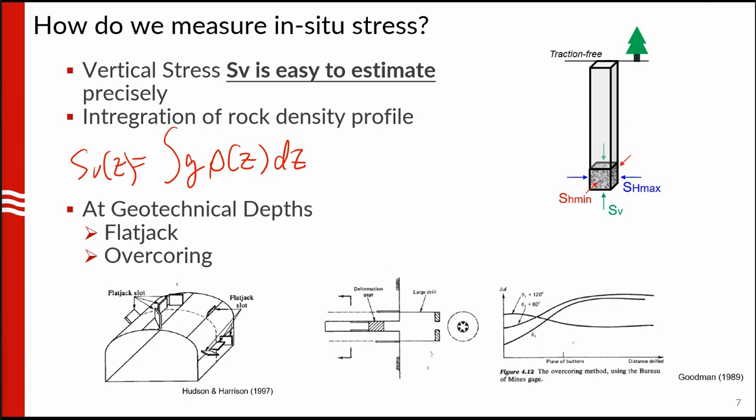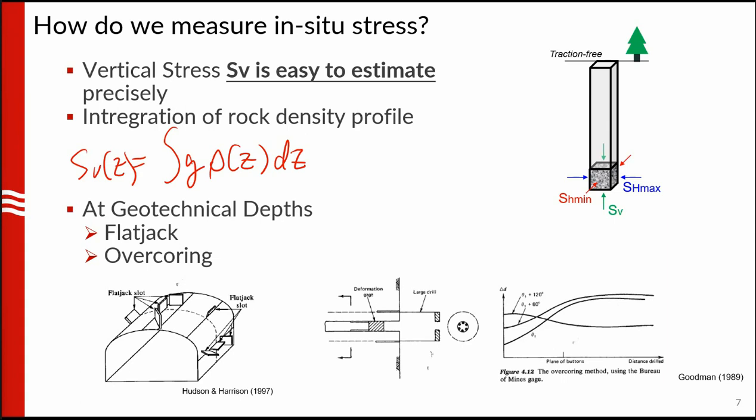In geotechnical settings where the depth is not so great, you can actually go to the underground situation. There are methods like flatjack or overcoring. These are various ways you can directly make a stress measurement by opening up fractures in a rock or measuring the deformation of the rock as you release the rock from the surrounding.